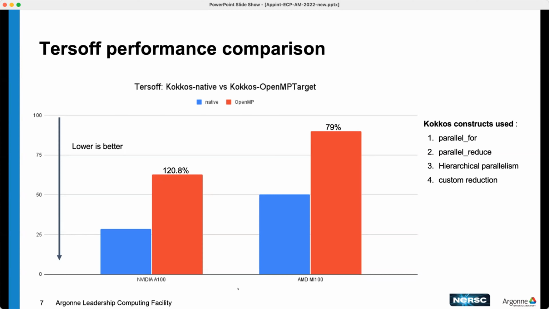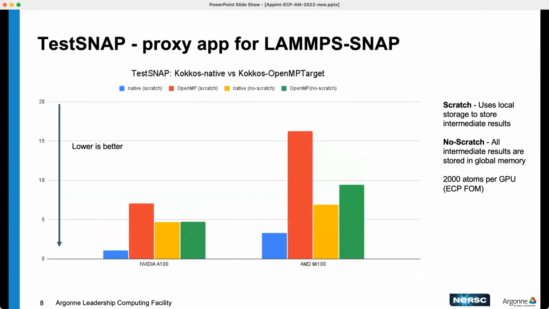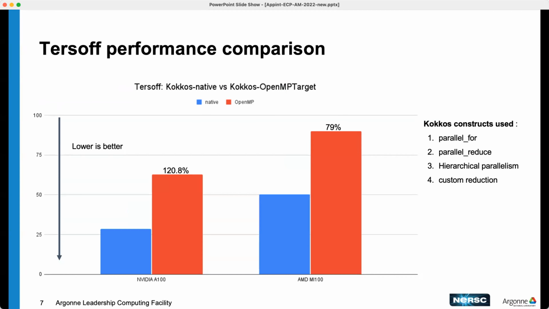We are not sure why we are observing this difference yet, and we are working towards it. There are no advanced Kokkos constructs being used here. We are using simple constructs such as parallel for, parallel reduce, some hierarchical parallelism, and custom reduction. Nothing fancy, but still we observe this. Okay, next slide.